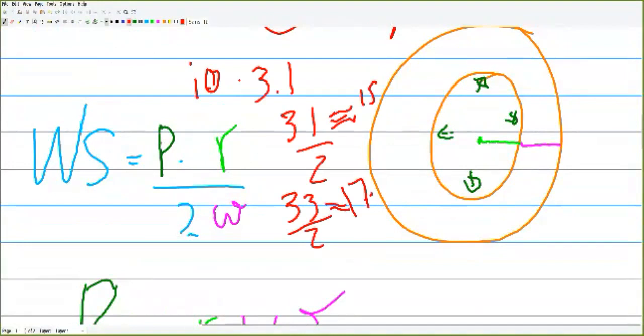The units are pressure in Pascal times R in meters, divided by W, also in meters. So the meters cancel out, leaving Pascal. This is pressure, preload. Wall stress is pressure, right?